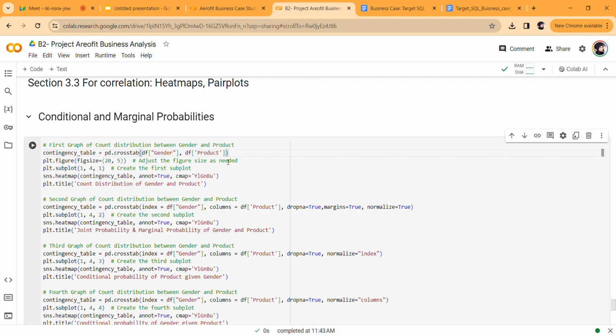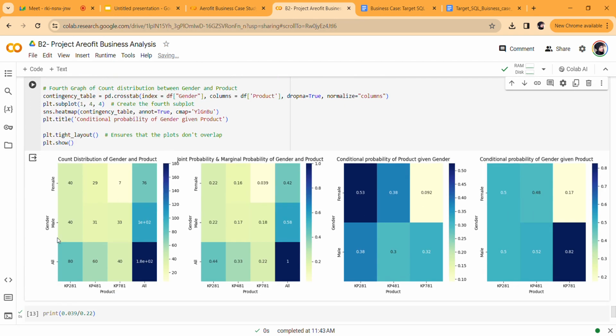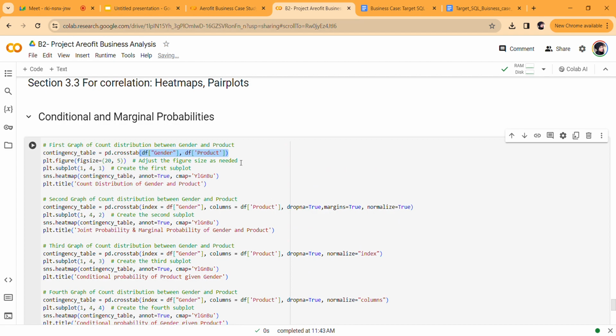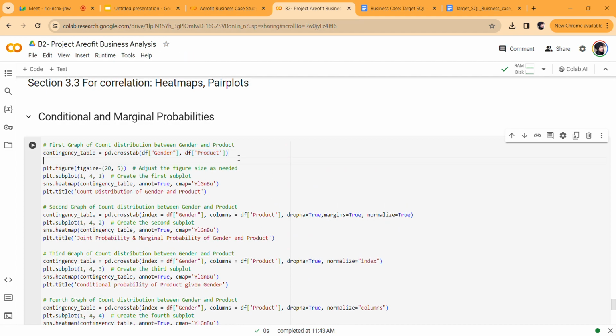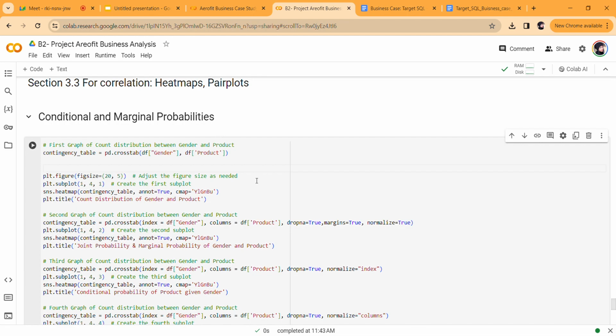So let's first understand how to just create a crosstab. This is the simple code: pd.crosstab, you just pass the two data inside it and it will create a crosstab. A crosstab is counting and dividing accordingly to create this type of table. Understood? The second thing is plt.figsize, which is a one-time thing.